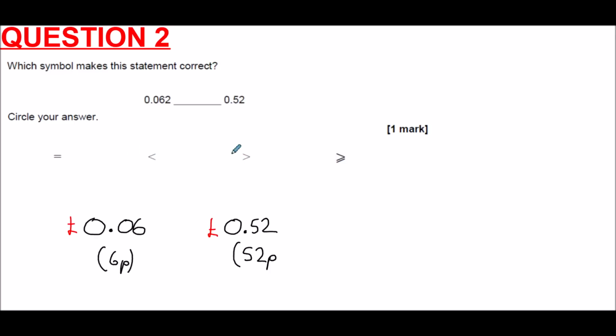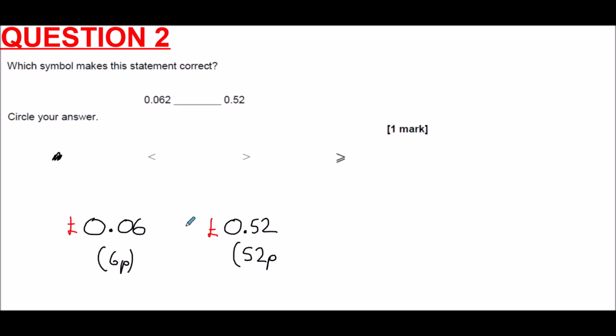Now, with these inequality symbols, the open mouth faces the bigger thing. If you imagine it like a crocodile, the crocodile, which is always greedy and hungry, will always want to eat the bigger meal. So the open mouth will face the bigger thing. And so obviously these two values aren't equal, so it's not going to be that one. 6p isn't the same as 52p.